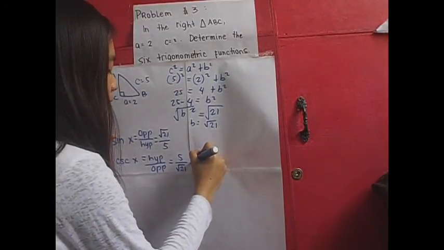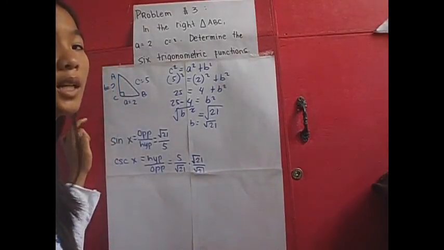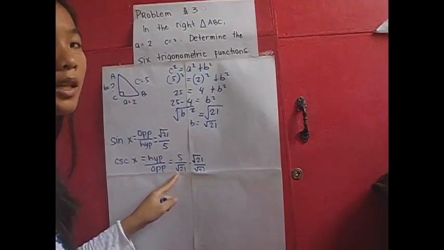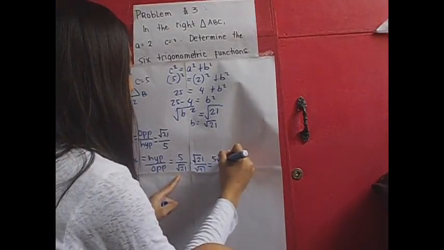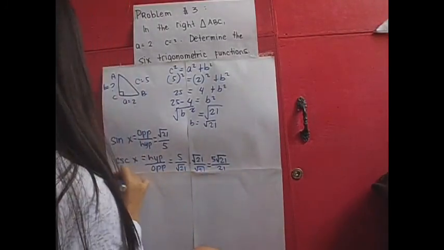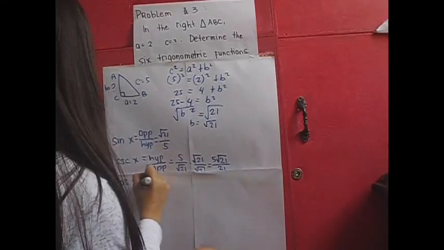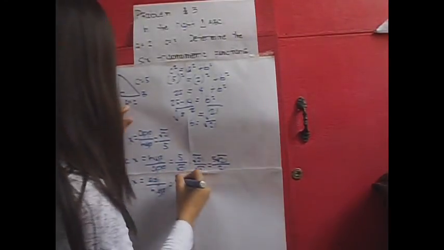We need to multiply by the square root of 21 because we are not allowing a radical sign in the denominator. So we have 5 square root of 21 over 21. The next is cosine x equals adjacent over hypotenuse. The adjacent is equal to 2 and our hypotenuse is equal to 5.